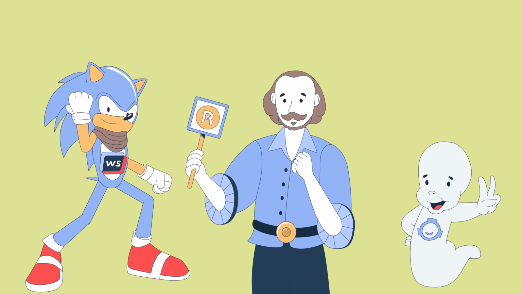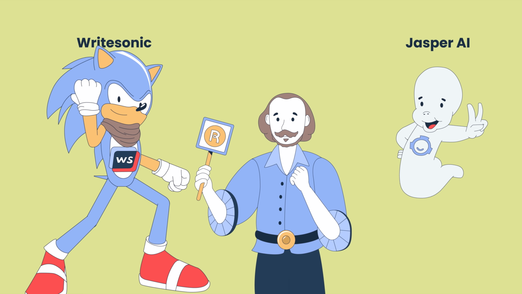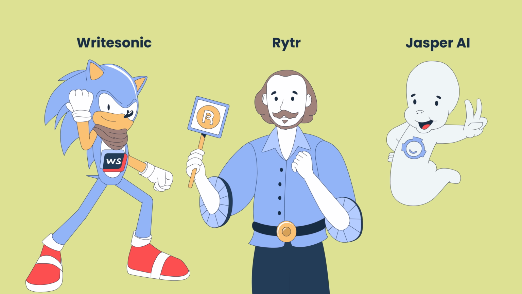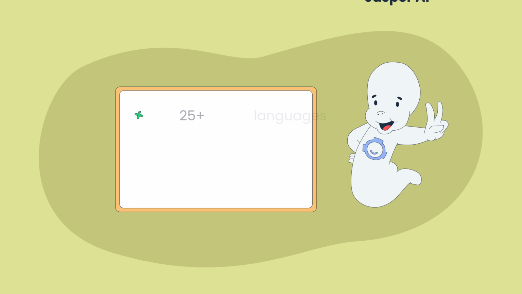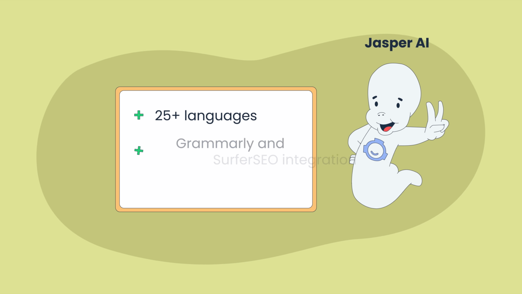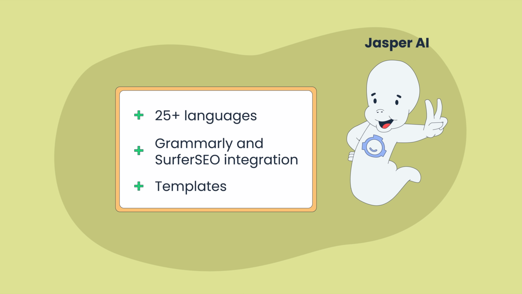For producing written content, there are many, and I mean many, specialized AI tools. Among the most popular, besides my pick, which I'll reveal in just a second, you can find tools like Jasper AI, WriteSonic, and Writer, all loved by users for somewhat different reasons. Jasper AI supports over 25 languages, integrates with Grammarly and Surfer SEO, and offers various templates.